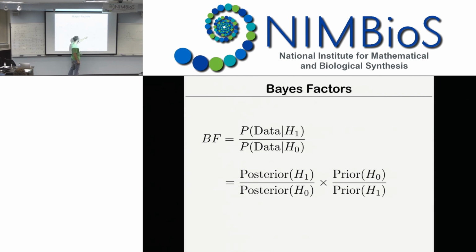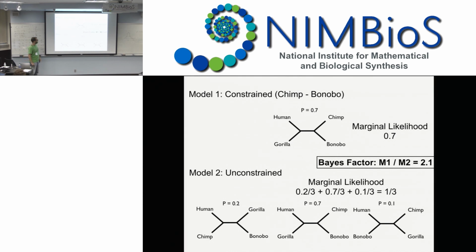The prior ratio is then the prior of hypothesis 0 divided by the prior of hypothesis 1. Because we computed the marginal likelihood, we have the Bayes factor of model 1 divided by model 2, and that gives us in this case a Bayes factor of 2.1.